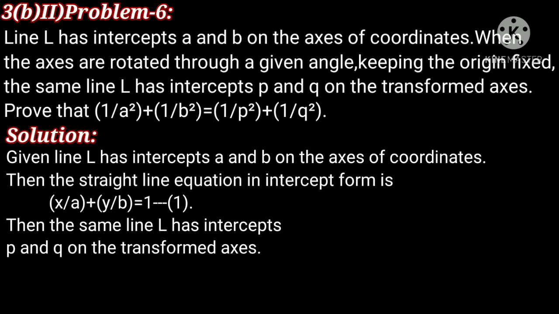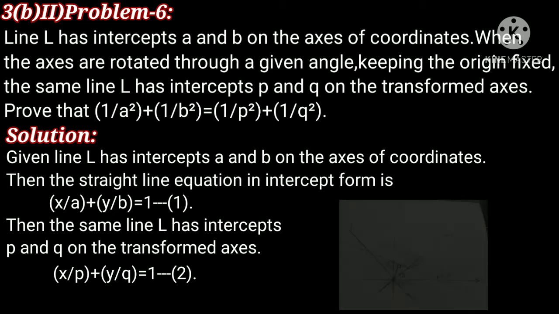That means the original axes are rotated through an angle without changing the origin. Then the given line L has changed its intercepts into p and q. Then the equation in intercept form is x by p plus y by q equal to 1. This is equation number 2.